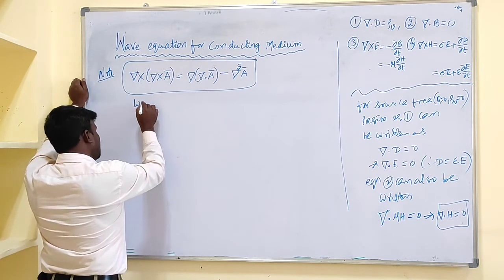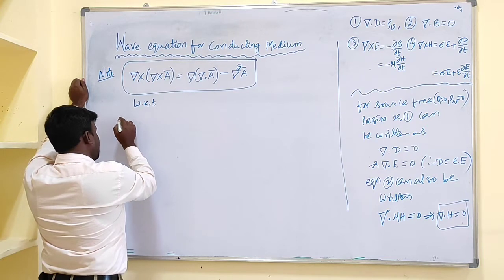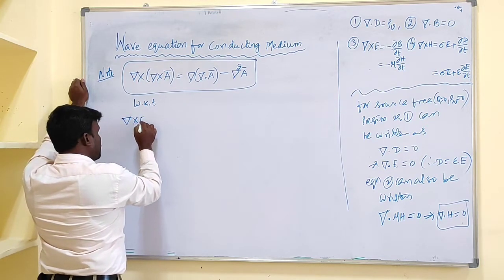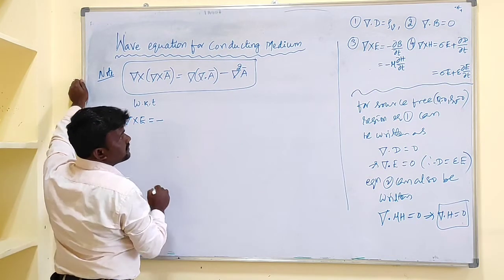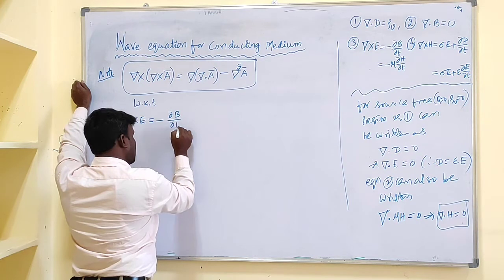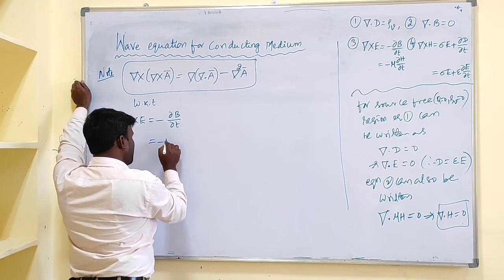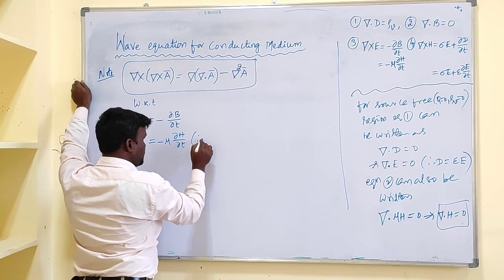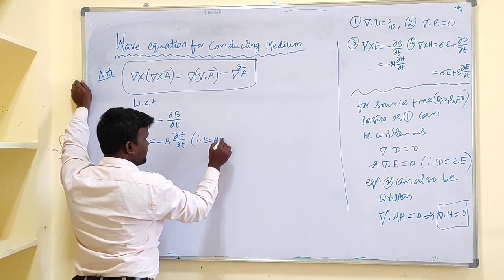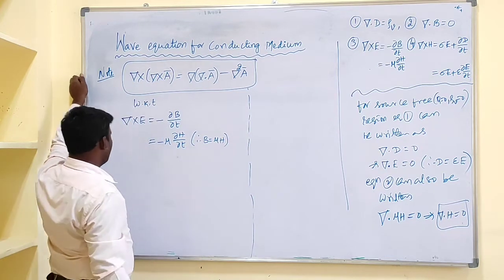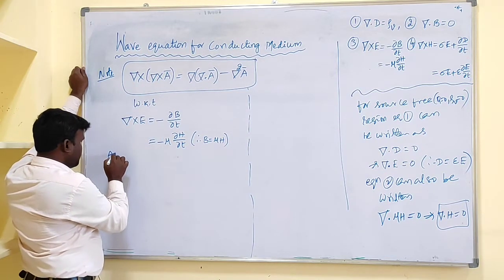We know that del cross E equal to minus dou B by dou t. That can be written as minus mu into dou H by dou t, since B equal to mu into H. Now let us apply curl on both sides.